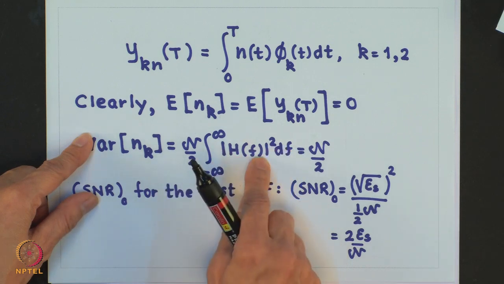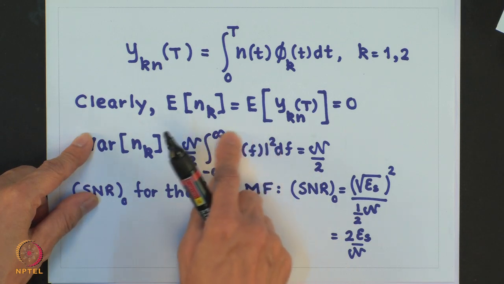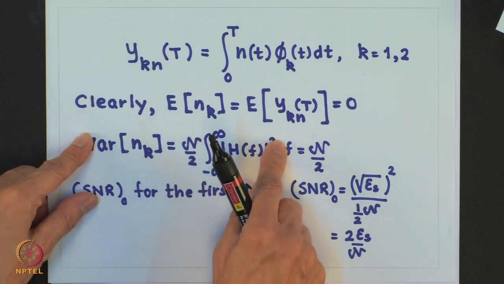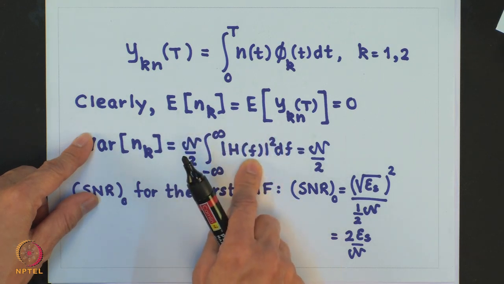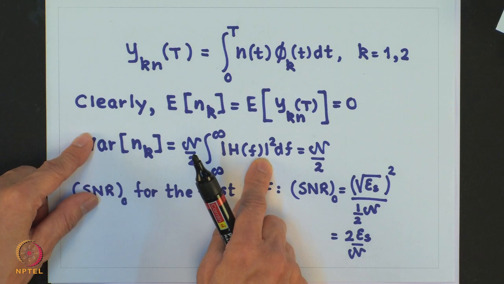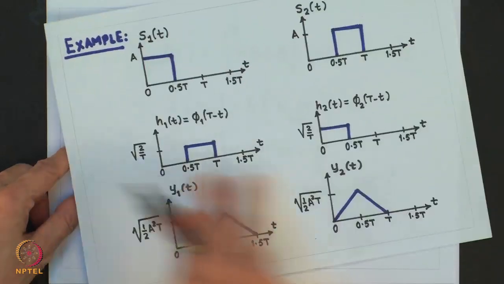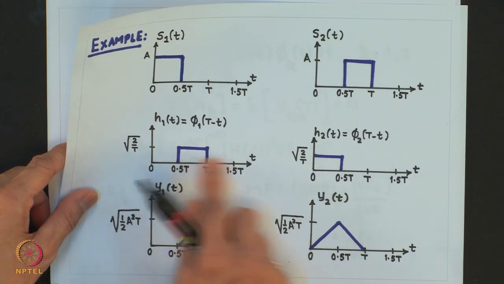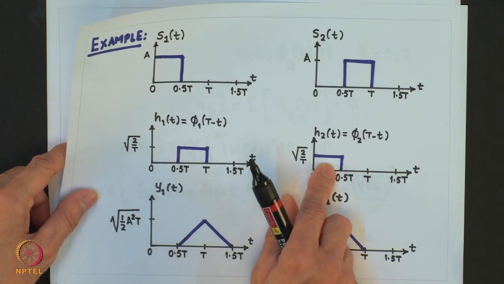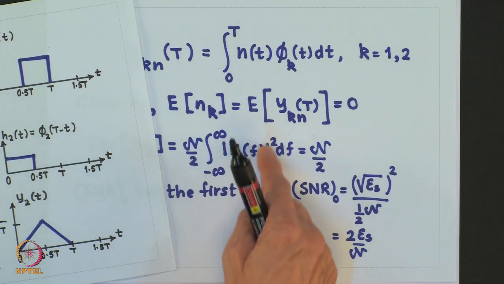If you do this, this is equal to N0 by 2. Remember, this quantity out here is the same as, because we are assuming this filter H(f) is equal to this filter or this filter, the energy in the filter.